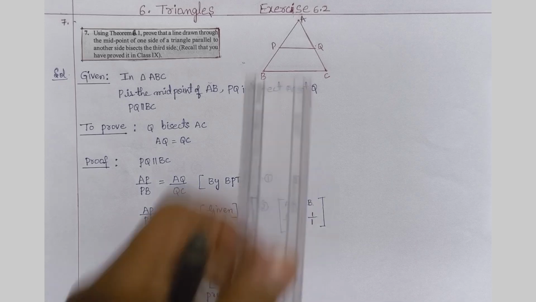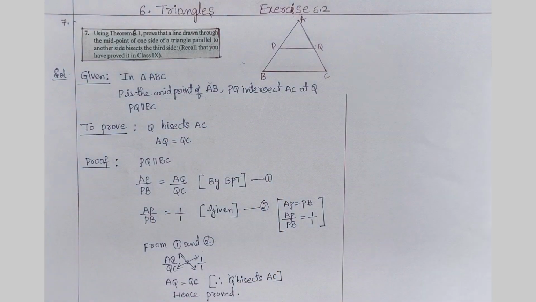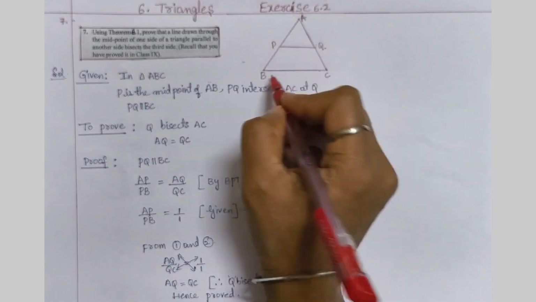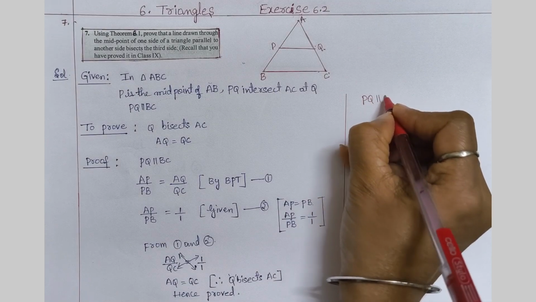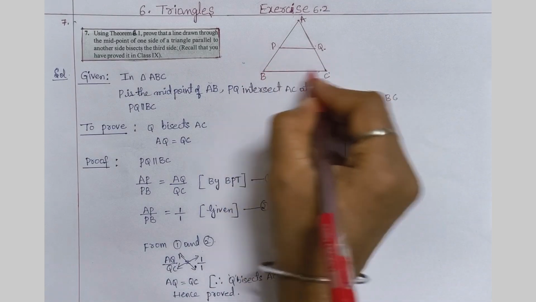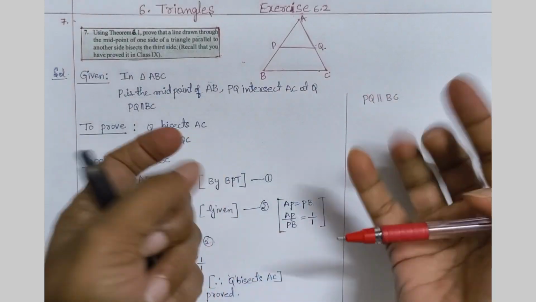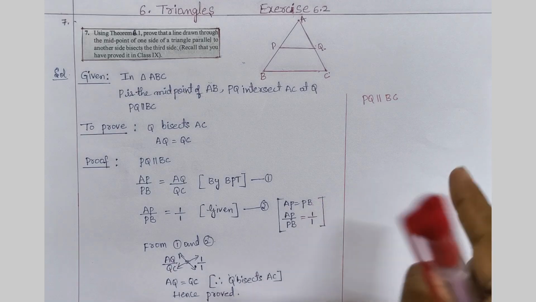Now what is the proof? Here I will explain. Now we will start the proof. PQ is parallel to BC. You can write it, PQ parallel to BC. In the question it is given that this line is parallel. One side parallel means the remaining two sides are proportional. Why are they proportional? By using BPT theorem.